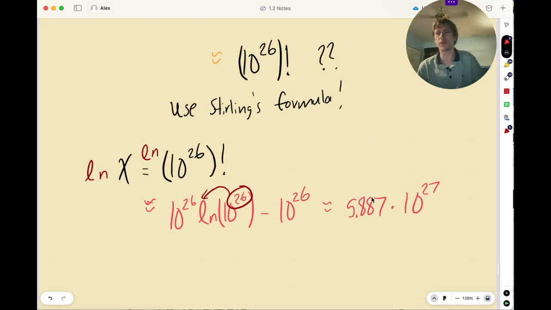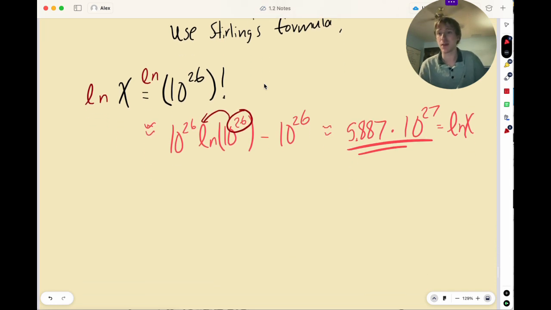Now you might be saying, well, what's the point of even doing that? Couldn't you just type in the original expression in your calculator? Absolutely not. I don't know of anyone that could actually do 10 to the 26th factorial, and we're going to explore why in just a minute. But this is what I got just from the natural log of this quantity. Okay, so since that's equal to ln of x, in order to solve for x, I have to exponentiate both sides.